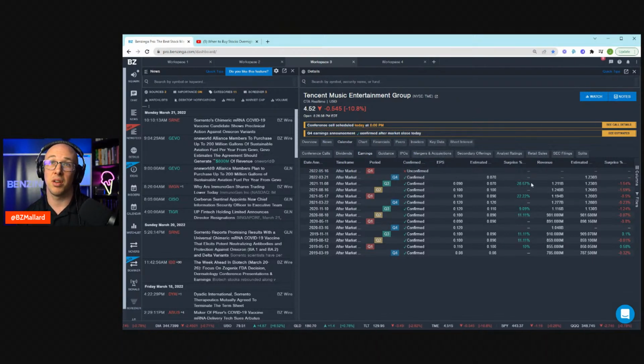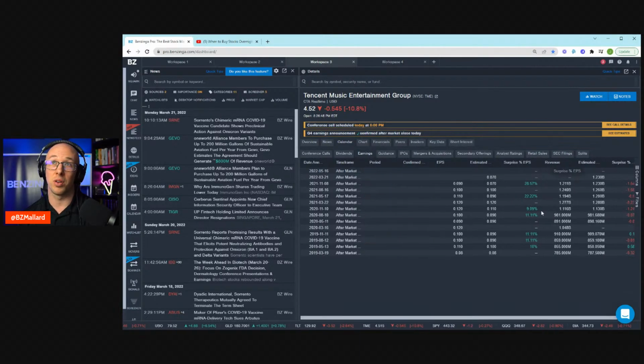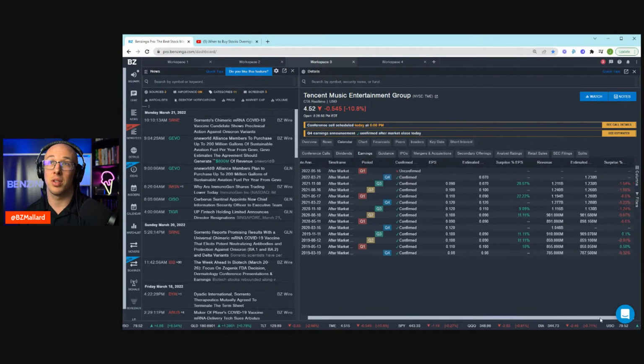You can pretty much see that they have either met exactly or beat their EPS expectations every single quarter. However, there is the revenue side, and what's interesting is that they missed their revenue expectations probably 8 out of 10 quarters. It's interesting to see little themes like that on this calendar tab.